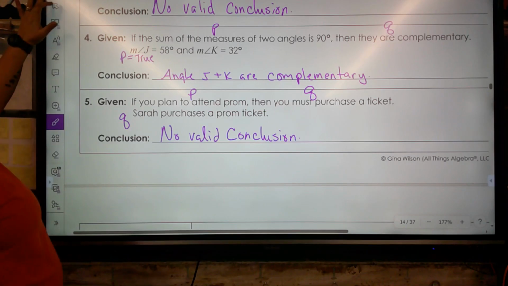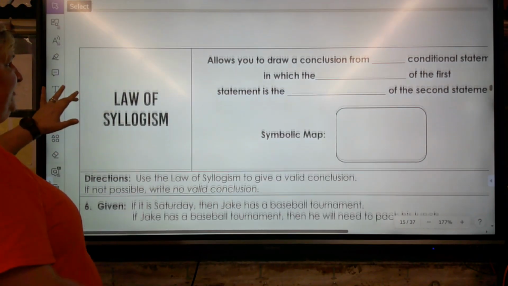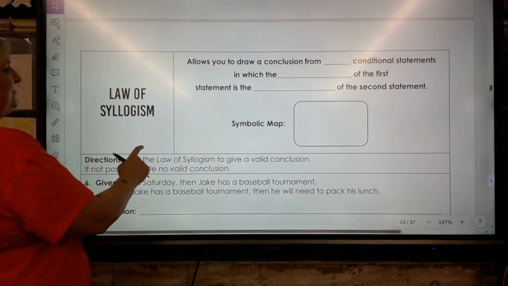All right? The other law of deductive reasoning is the law of syllogism.